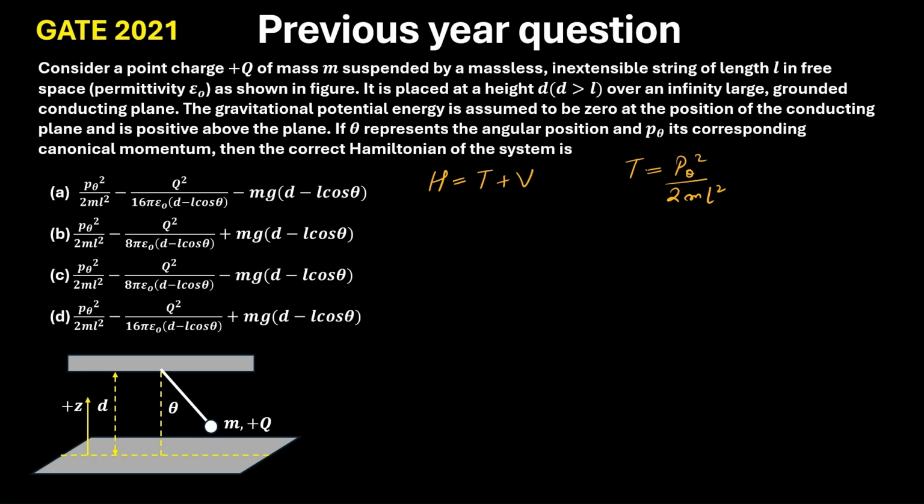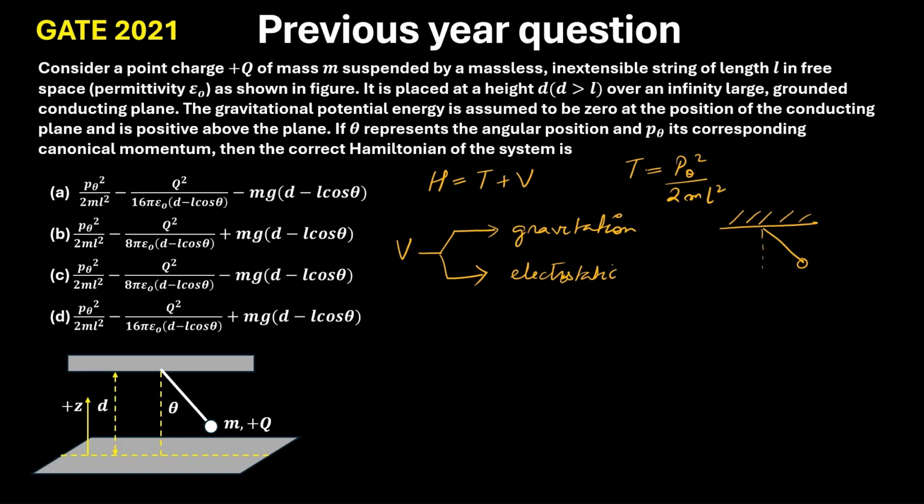Now for potential energy, it will be a contribution from two different terms. One is from gravitation and another one is from electrostatic potential. First we will deal with gravitation. So this is the system here.